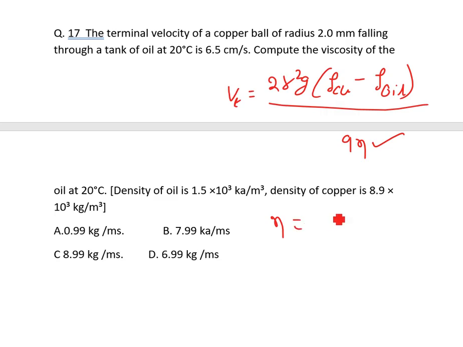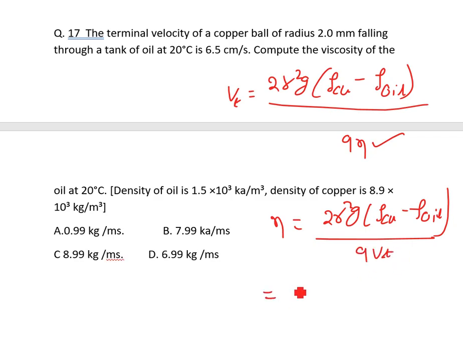So I can write eta equal to 2 r square g into the density of the copper ball minus the density of oil, divided by 9 into the terminal velocity. If we calculate, r is given as 2 mm, so 2 into 2 into 10 to the power minus 3 squared, into g which is 9.8, into the bracket of densities.